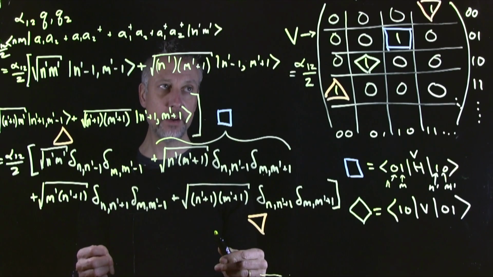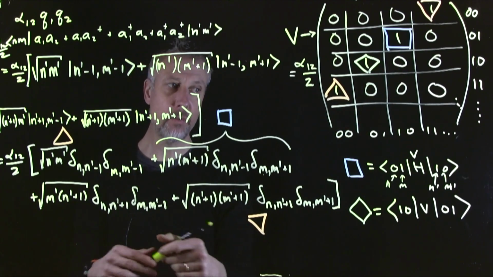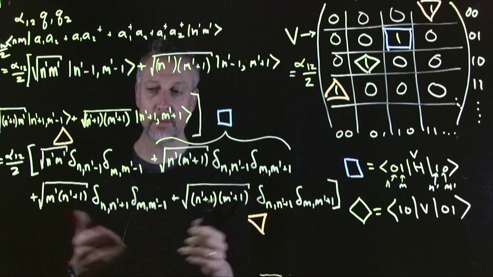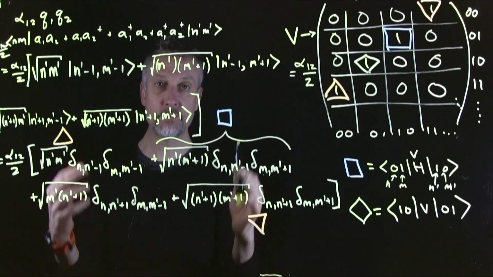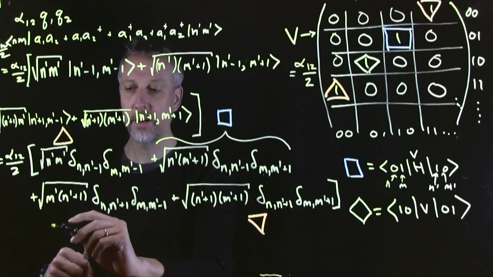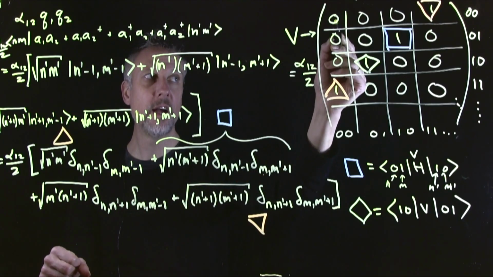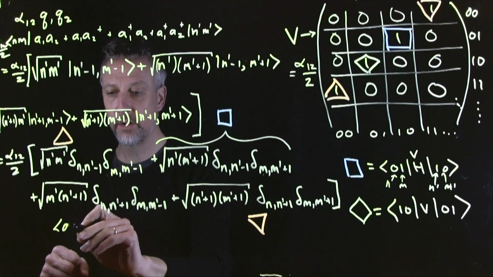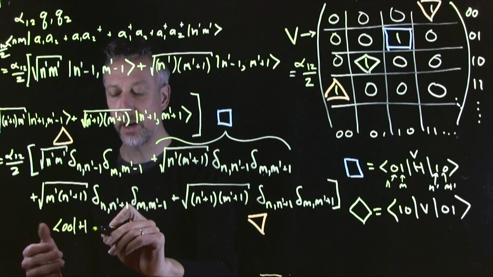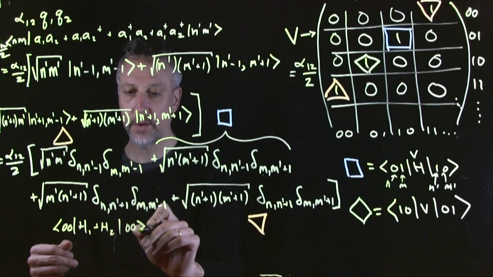Very good. Now what we're going to do is add to this the harmonic part. Right? So let's add the harmonic part. The harmonic part's, of course, pretty easy because we know that the harmonic part is going to be diagonal. So that means this element, for example, will be the 0, 0, H1 plus H2, 0, 0 element, right?